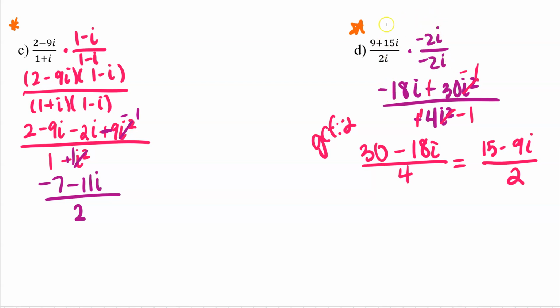Distribute it in the top, so you get -18i minus 30i squared, and the bottom is -4i squared. The i squareds are -1, so the 30 is now positive, the 4 is now positive. 30 minus 18i all over 4. They have a GCF of 2, so 15 minus 9i all over 2. So those are the two answers you should get.